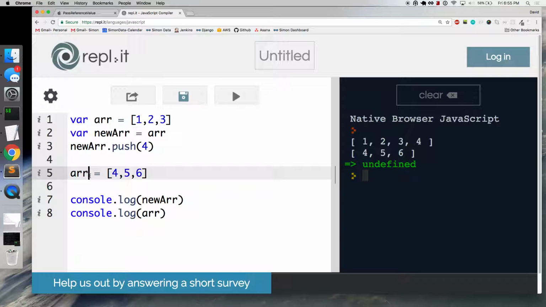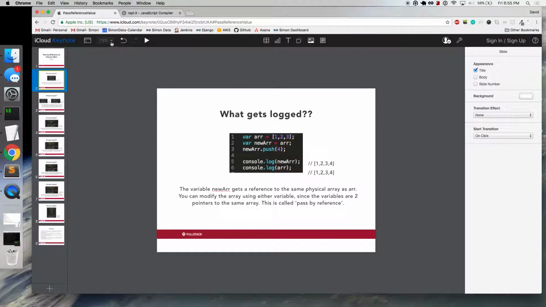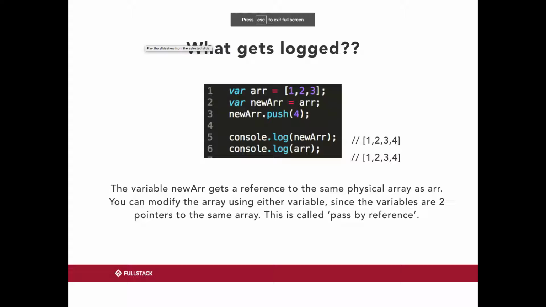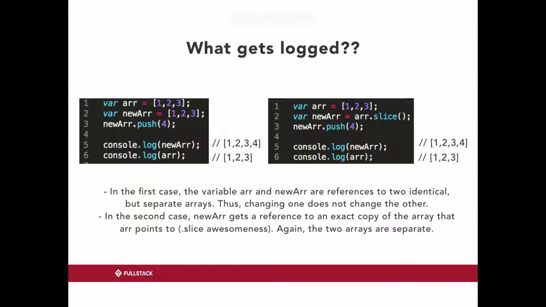Okay. Cool. So if I go back to the second case here, with the slice, we have our arr. Initially it's pointing to this 1, 2, 3 here.